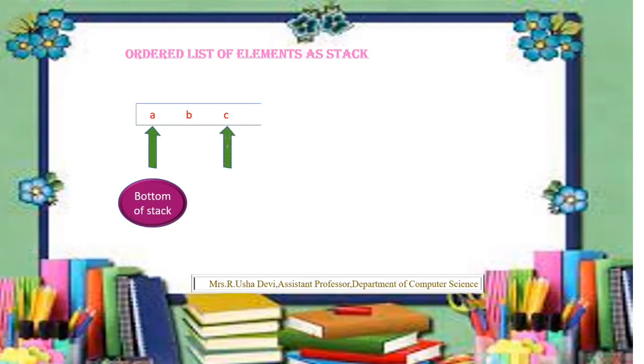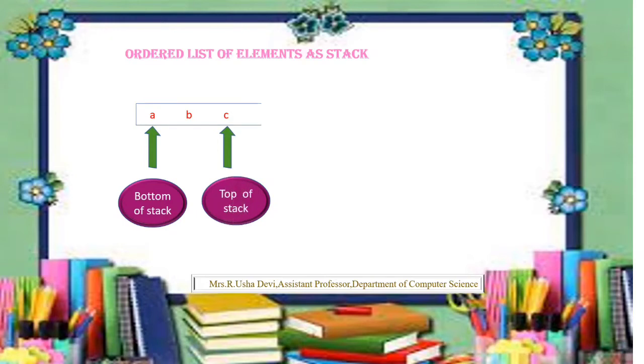Now let us consider the ordered list of elements as a stack. Let us arrange the elements in the stack here. Consider three elements A, B and C. First A will be inserted, then B, and finally C. Now A is called the bottom of the stack and C is called the top of the stack.